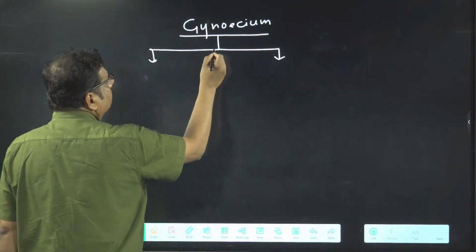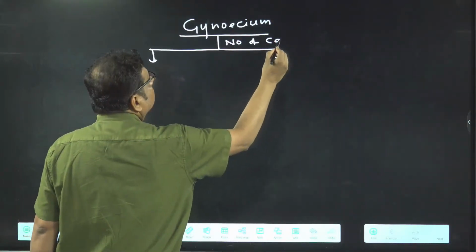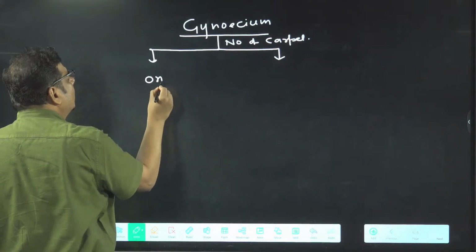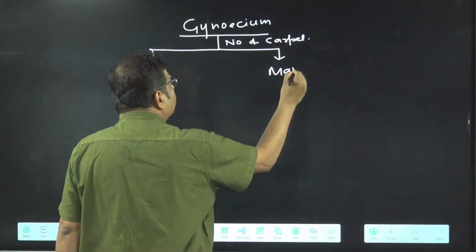Here I am writing, based on which one? Number of carpels. It is further classified. If the number of carpels is 1, or if it is more than 1, meaning many.